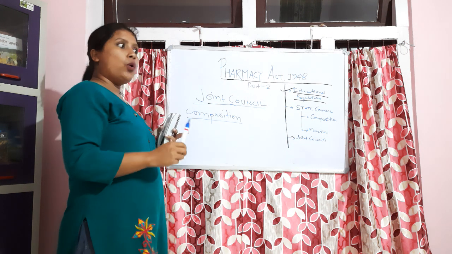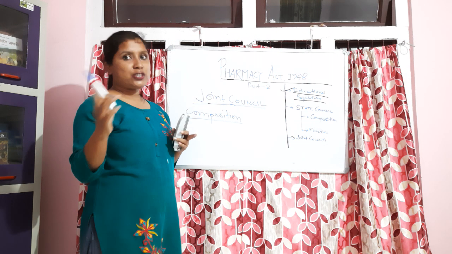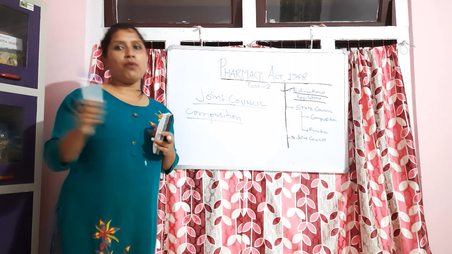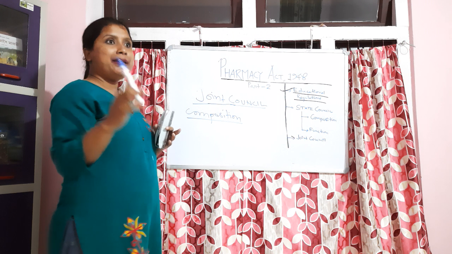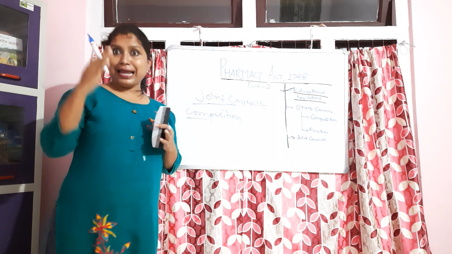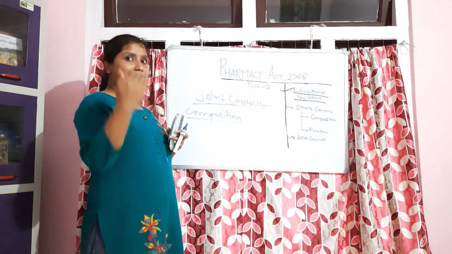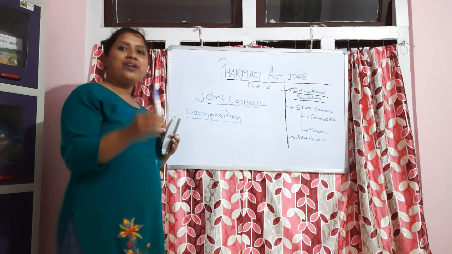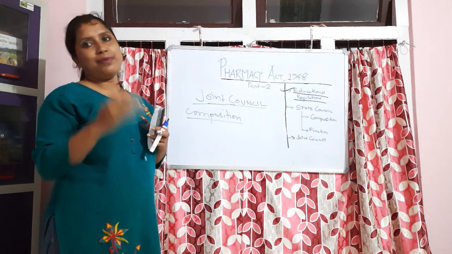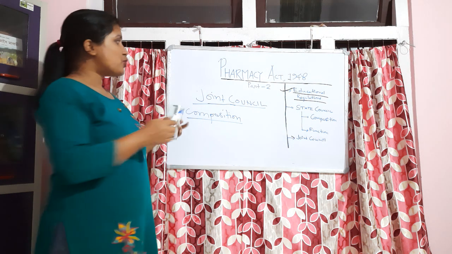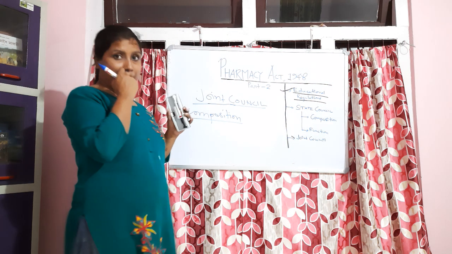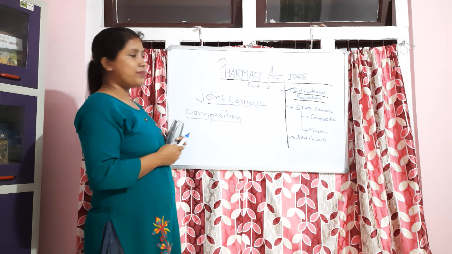Then 1 member will be the ex officio member from the chief administrative officer. 1 will be the government analyst from the border state, and another one is the officer in charge of drug control of the respective state. This composition I have also properly given in your note. You will check this.